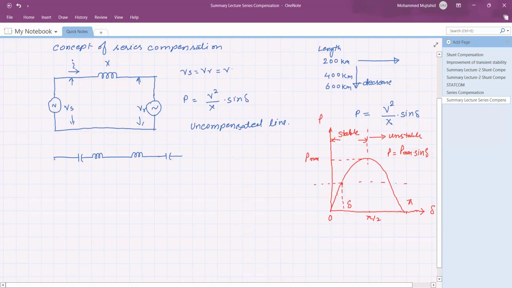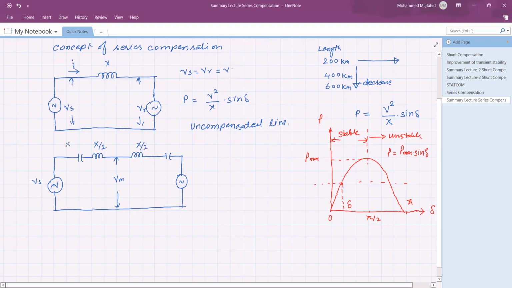The rest of the diagram is as it is: sending end voltage Vs and receiving end voltage Vr. Here we are not going to consider the derivations, we just want to review and summarize series compensation.